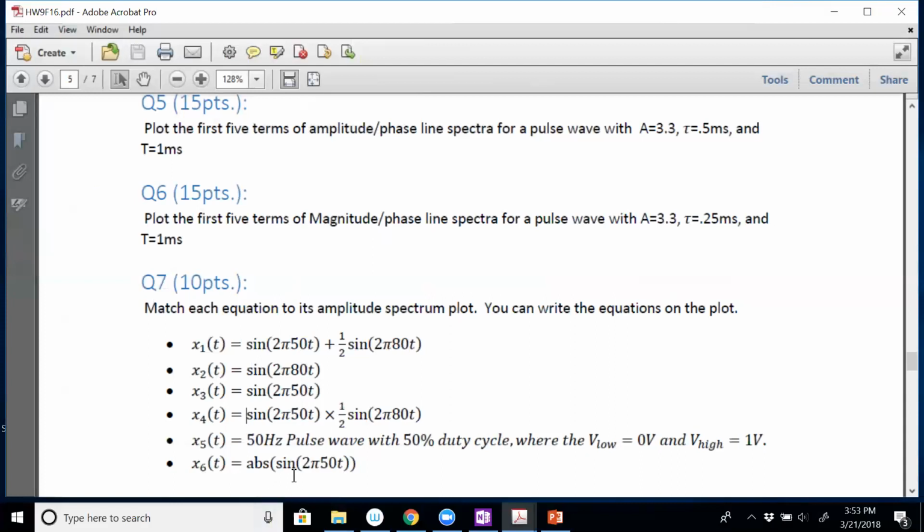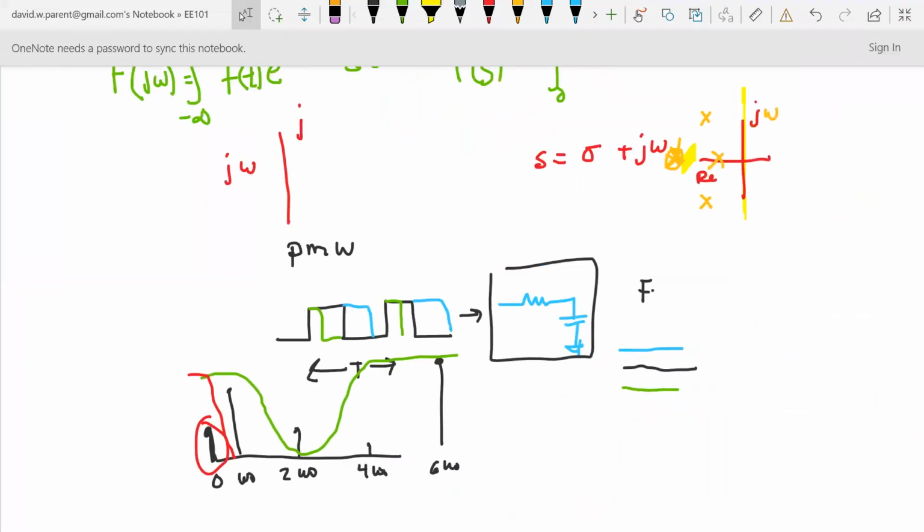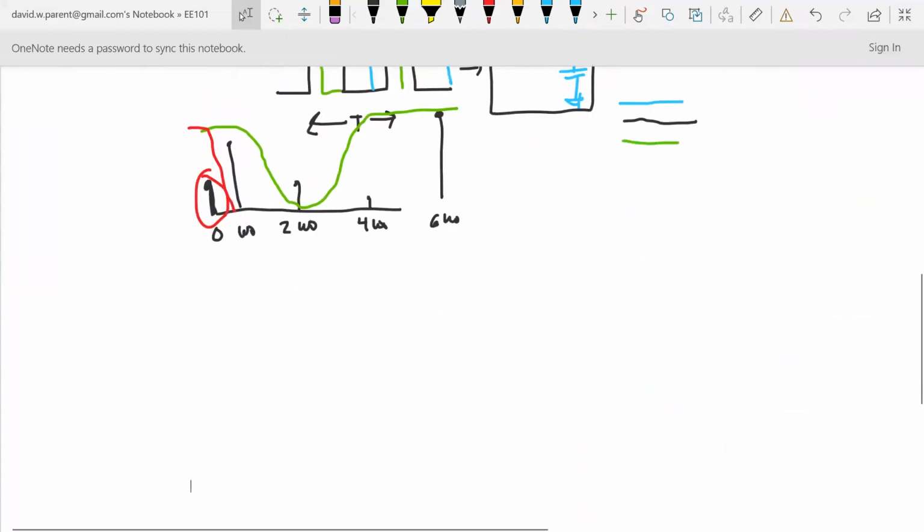And then remember our full wave rectifier, right? You had a half wave rectifier, and then when you did a full wave rectifier, the period doubled, right? That's what's going on here. So if I have a sine wave, the frequency doubles, not the period.